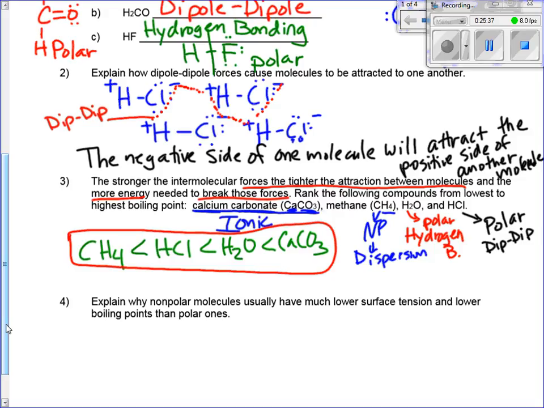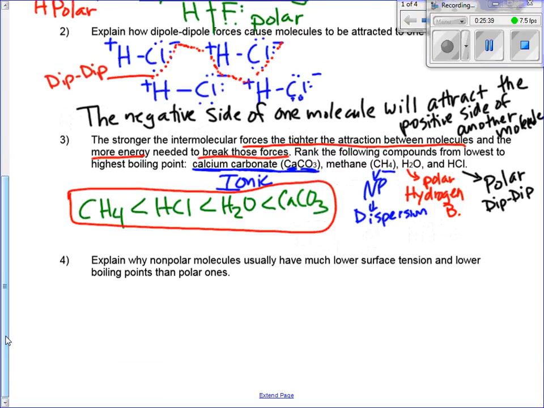Looking at number 4 here. Explain why nonpolar molecules usually have much lower surface tension, lower boiling points than polar ones. Nonpolar molecules have what type of force? What were nonpolar forces again? Dispersion.